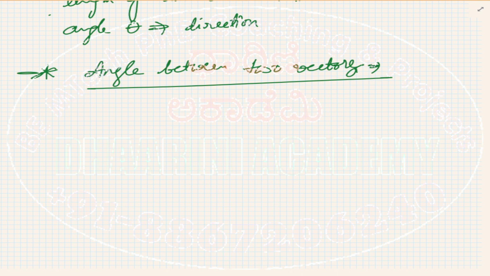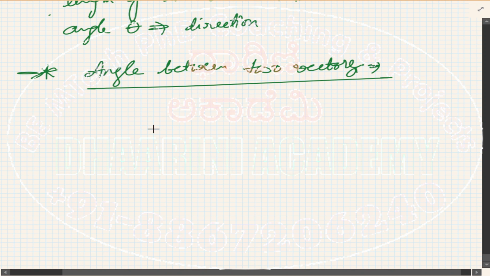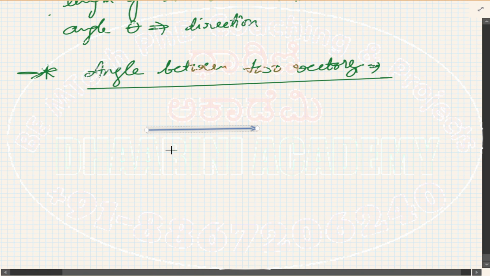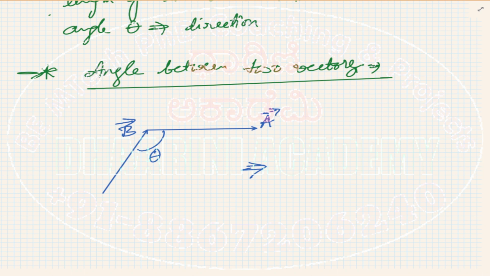First, let's assume that we have a vector like this and there is another vector like this. This is vector a and this is vector b. So you have an angle, some angle theta.